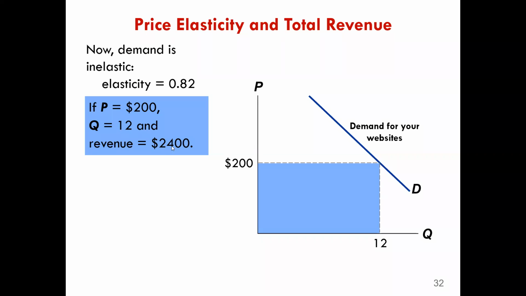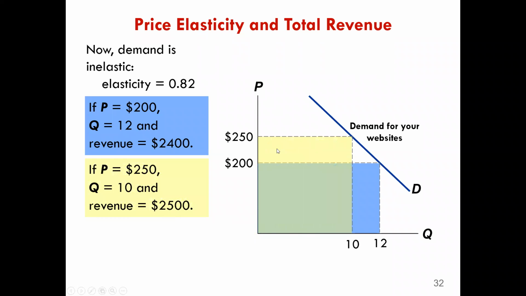And so the revenue is $2,400. Now, when the price increases to $250, quantity is now 10. And as we can see, the revenue from this is now $2,500. Now, this $2,500 is obviously greater than the initial revenue.